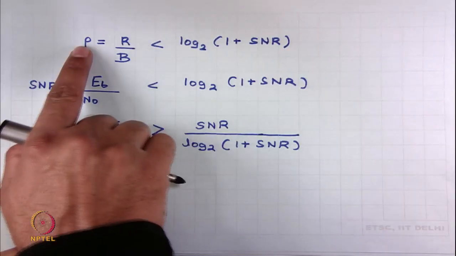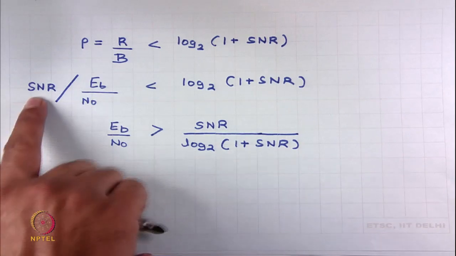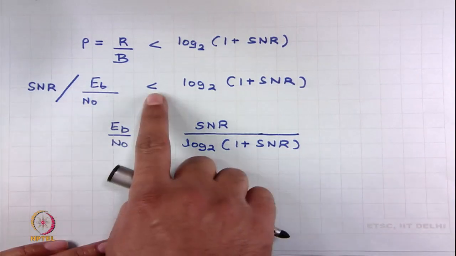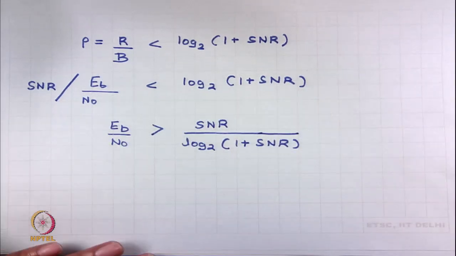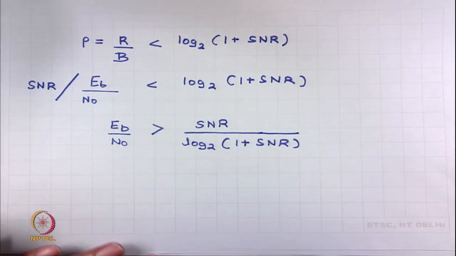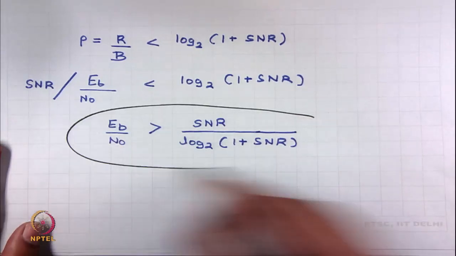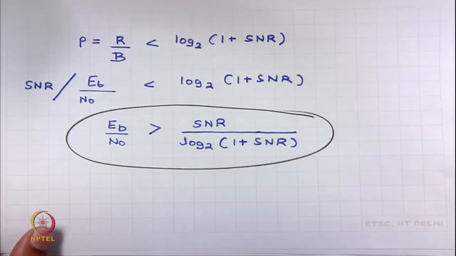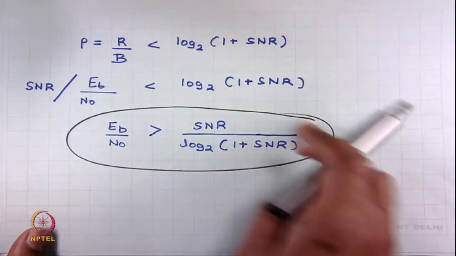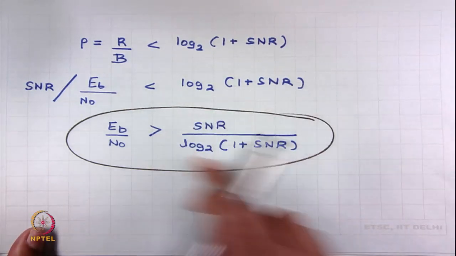And what is the spectral efficiency? Spectral efficiency is SNR divided by EBNO. So, SNR divided by EBNO should be less than log to 1 plus SNR. That simply means that EBNO should be greater than SNR divided by log to 1 plus SNR. This is a useful relationship. That means the minimum EBNO that you need to have is dictated by this expression.